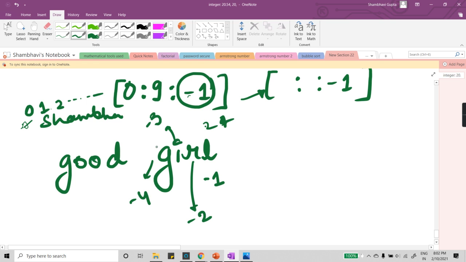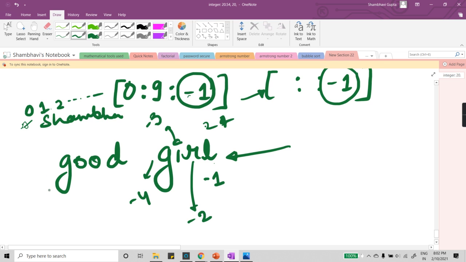It will print everything from the very last of your string, so the string will automatically get reversed, because from the last we have the negative index. As soon as I mention this minus 1, it will print by the negative index, reverse your whole string, and give you the reversed string in the output.